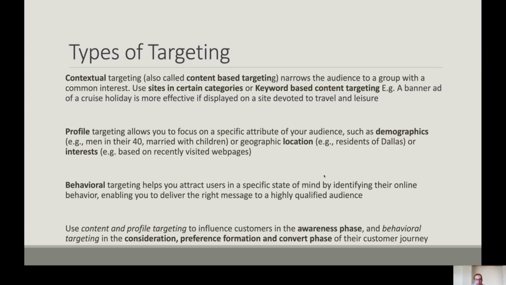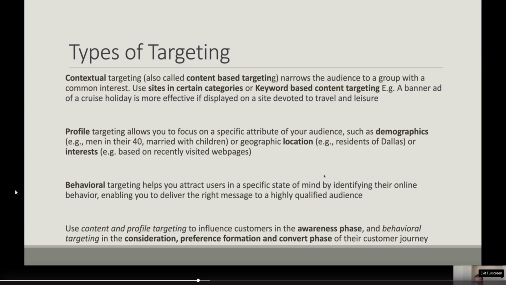Okay, so let us say that you are a cruise company and you offer these cruise vacations. Now if your display ad is shown on a site that is devoted to content on travel and leisure, right?